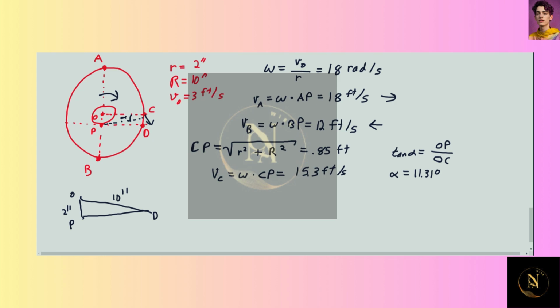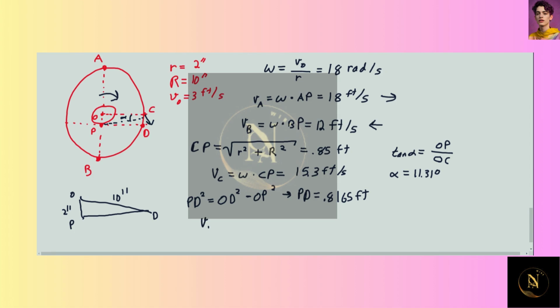So to find that, we use the Pythagorean theorem again, but it'll be a little bit different in that PD squared will equal the hypotenuse squared minus OP squared, which will lead to PD being about 0.8165 feet. So a little bit smaller than CP was, of course, here.